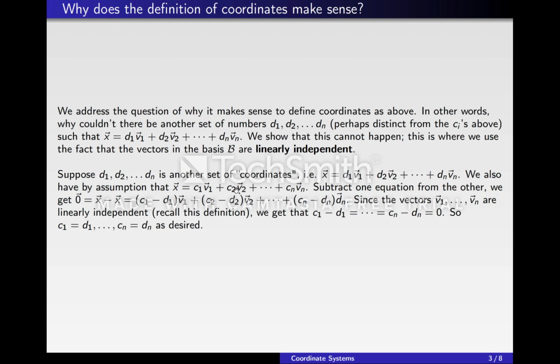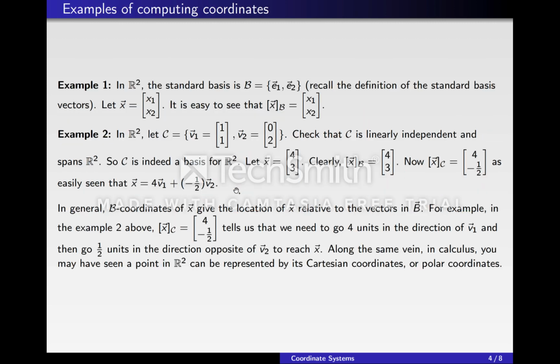Okay, so next, let's just look at a couple of examples of computing coordinates. In example 1, let's just take the so-called standard basis for R2. So our vector space now is R2, and a basis for R2 consists of two vectors, e1 and e2.